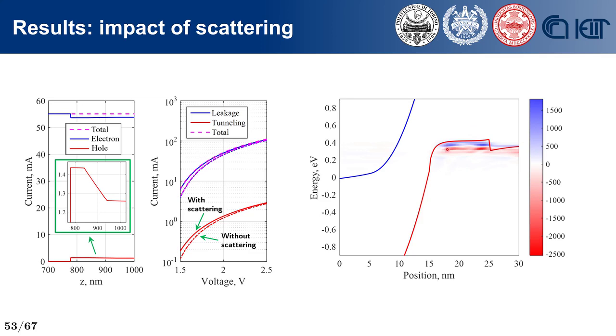It's a ballistic dominated mechanism. The second information is, notice that without scattering the curve is slightly lower, and it is a sort of like having an amplified tunneling current, meaning the ratios are almost the same. So it seems like that leakage is a sort of amplified tunneling current.